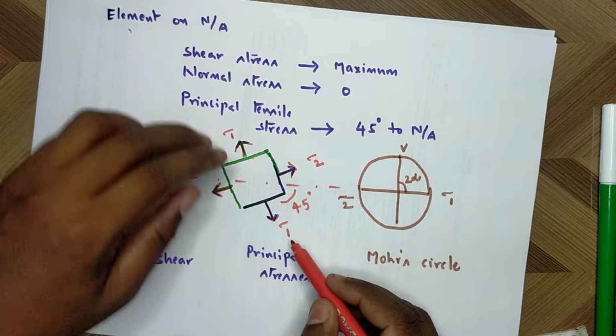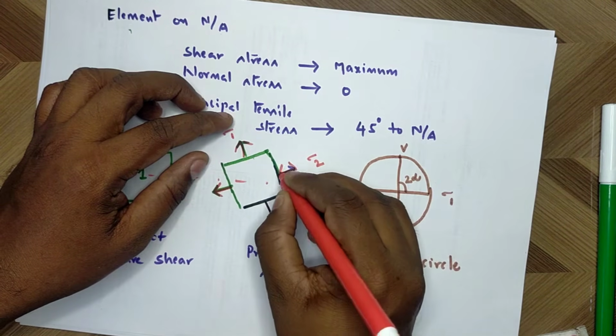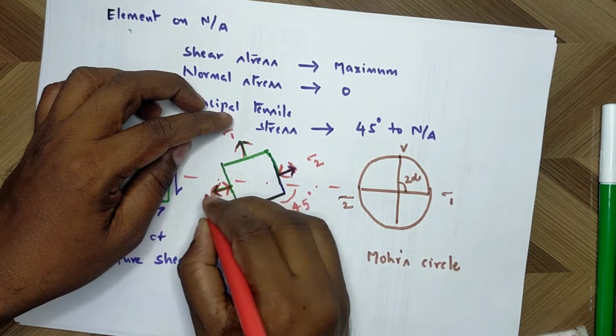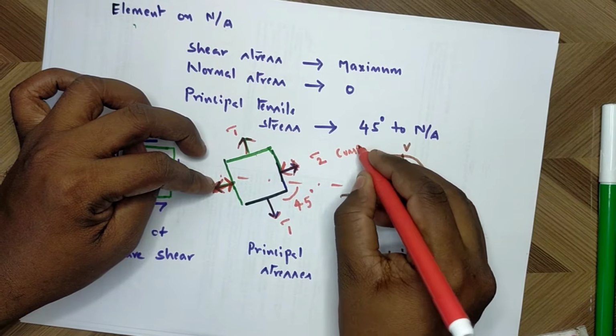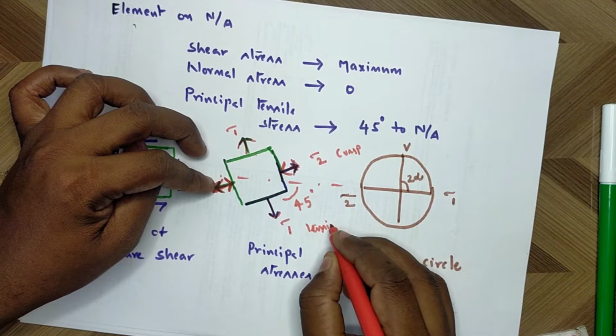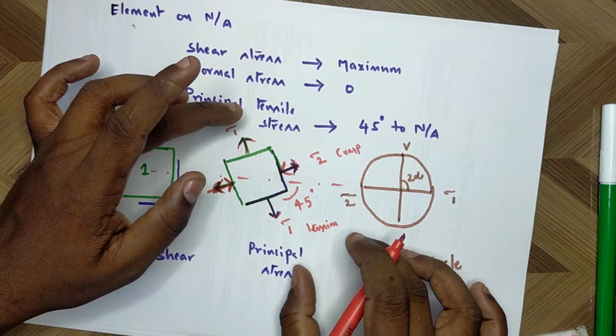Sigma 1 is tensile, sigma 2 is compression.